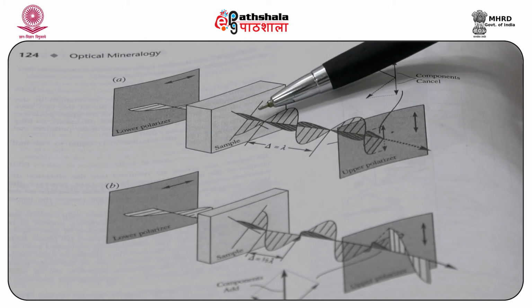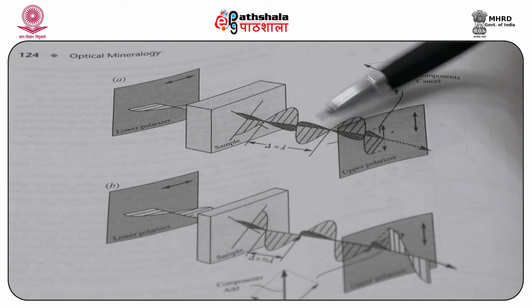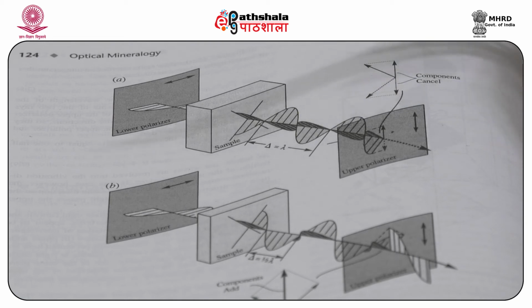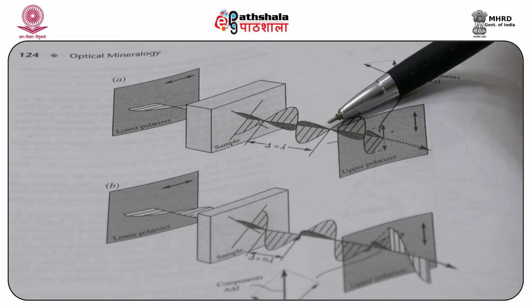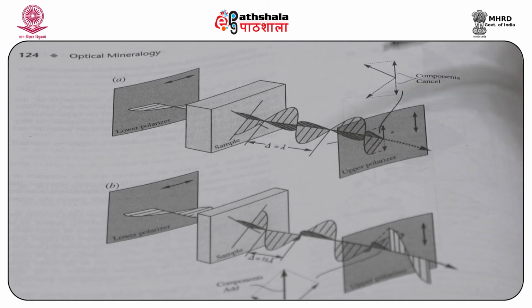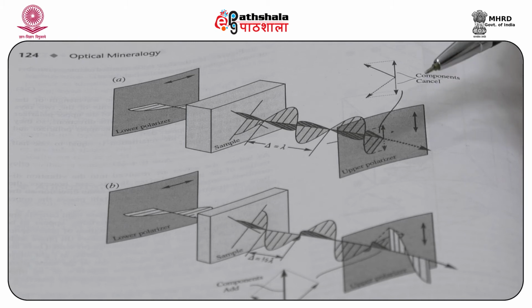If the retardation between the slow ray and the fast ray is equal to lambda, that is 1 unit wavelength, then on passing through the upper polarizer, they will be in opposite directions, and so they will get cancelled. No light will pass and the mineral will appear dark.